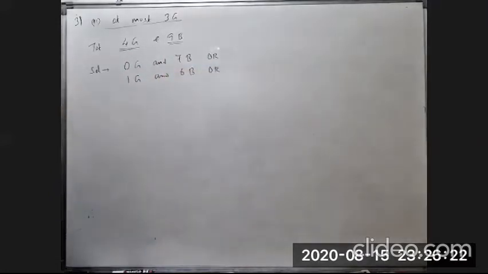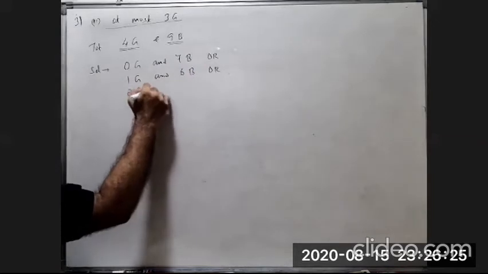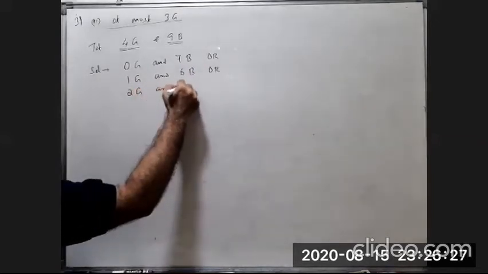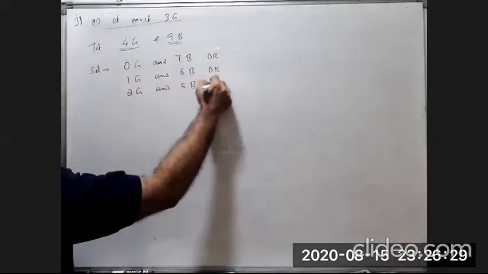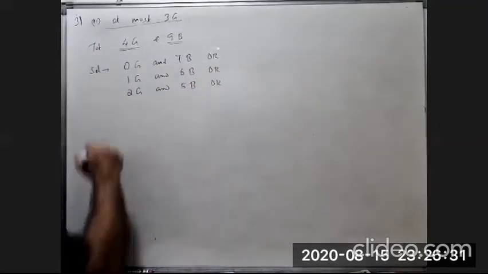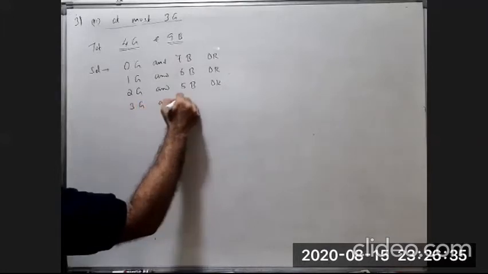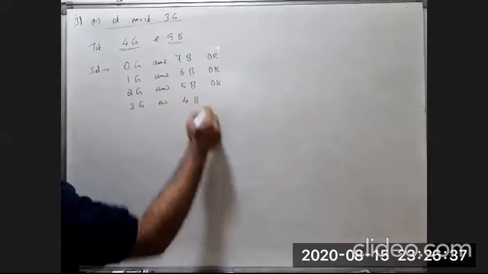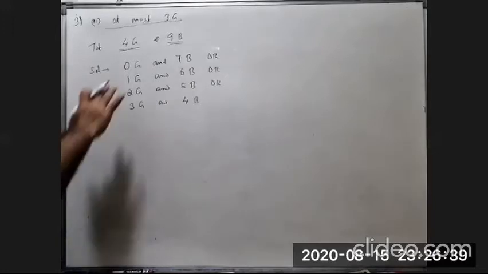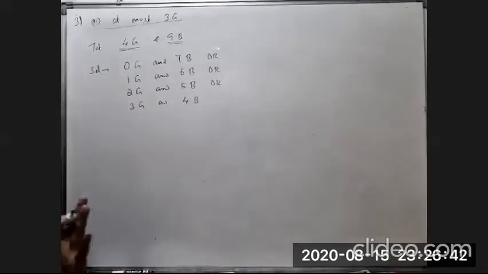Or 2 girls and the remaining 5 boys. Or 3 girls and the remaining 4 boys. Maximum of 3, not more than 3.